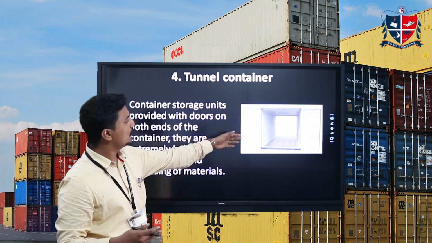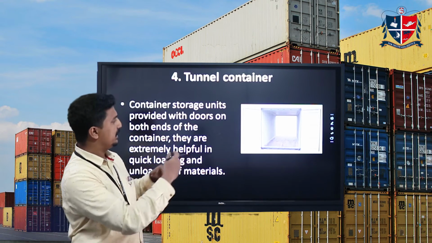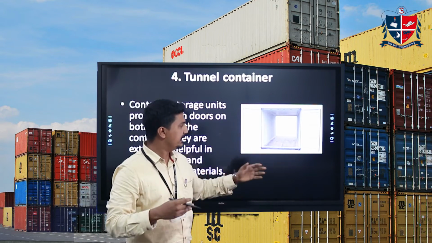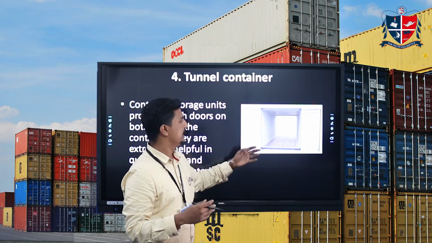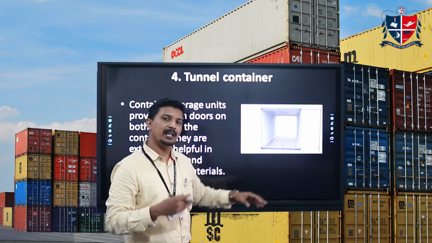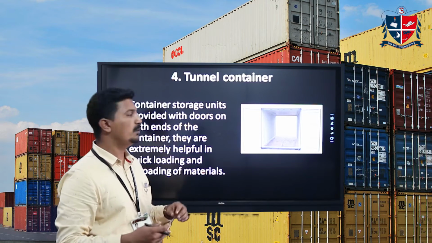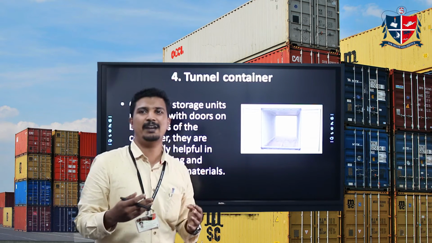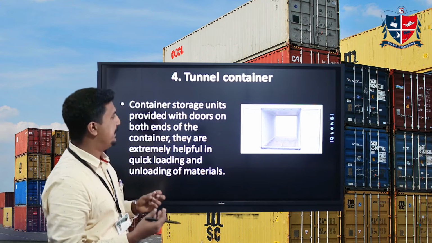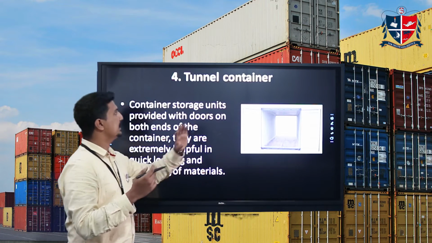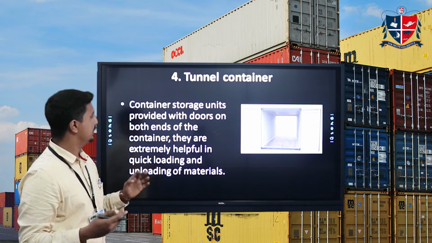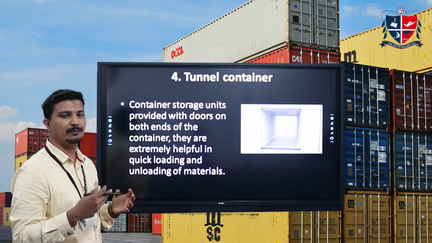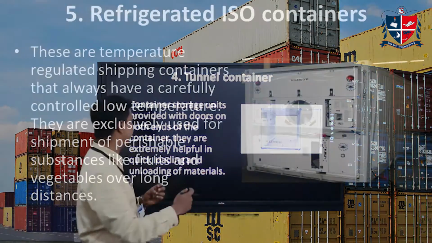If we have a door this side and that side, we can load the container from here and there. Likewise, we can unload the cargo very fast. Some materials will have a number of packages, so we use containers like this to ship cargoes which have been packed in more quantity.